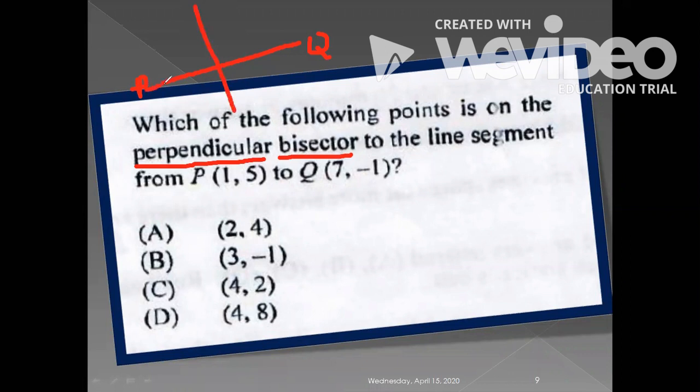But let me try. All right. So a perpendicular bisector is just a straight line that cuts the initial line segment in half, and it cuts it at 90 degrees.